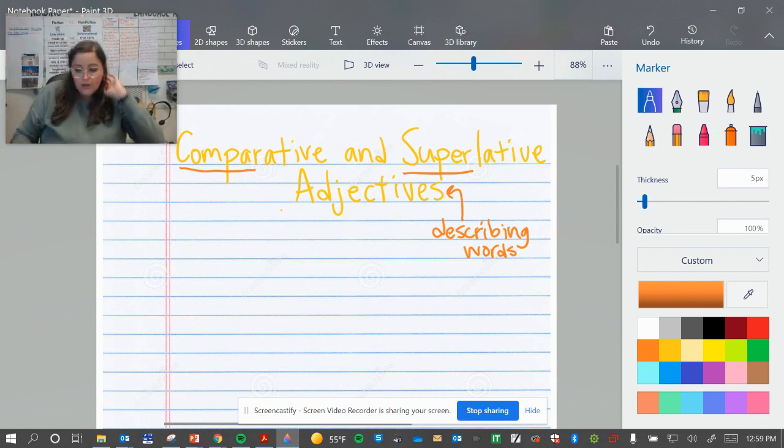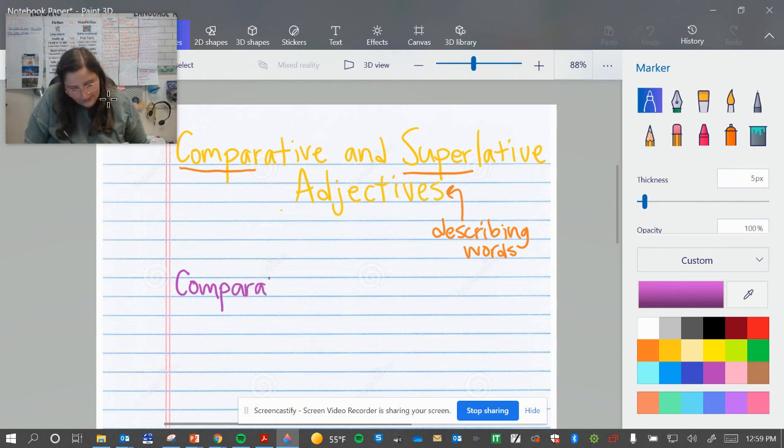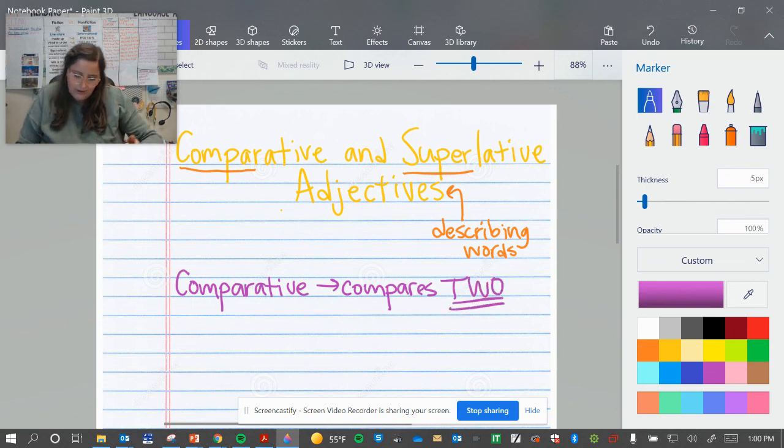So let's talk about it. When we do comparative adjectives, make sure you're writing on the line, please. We're going to say that comparative compares TWO things or people with an adjective.